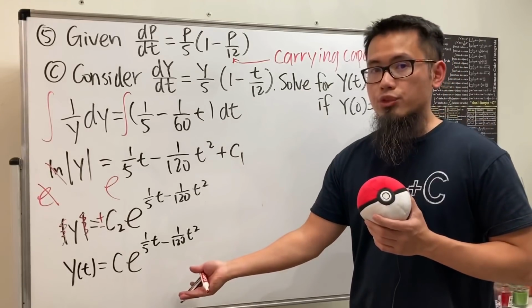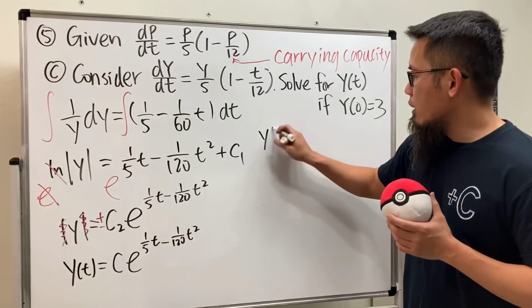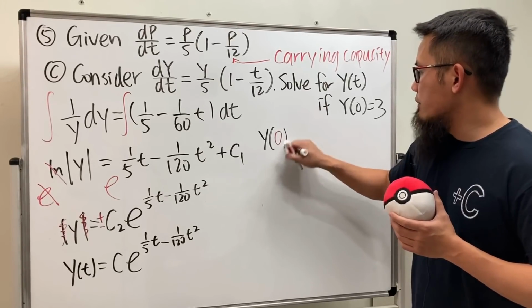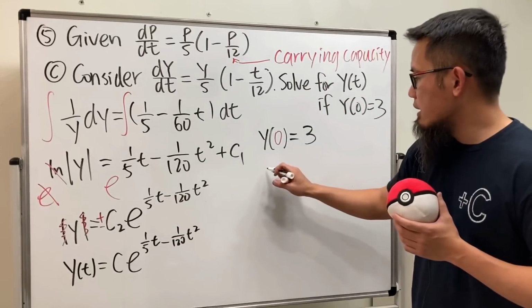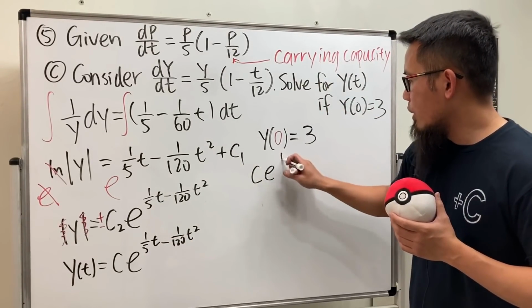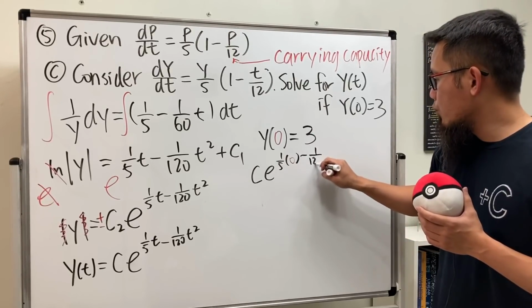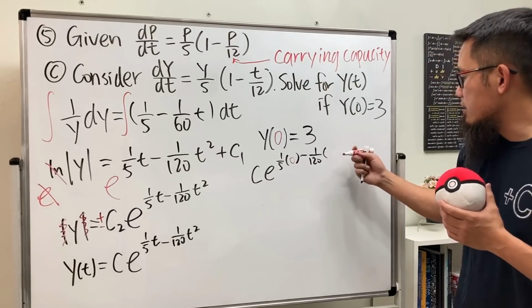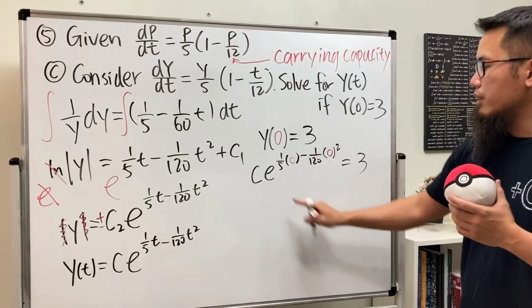Okay, general solution. And when we have y of 0 is equal to 3, let's see, y of 0 should give us 3. This means, putting 0 in here, we get c e to the 1 over 5 times 0, and then minus 1 over 20 times 0 squared, this right here should be equal to 3.